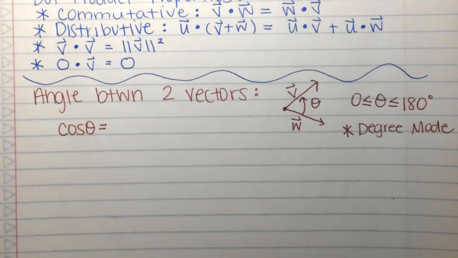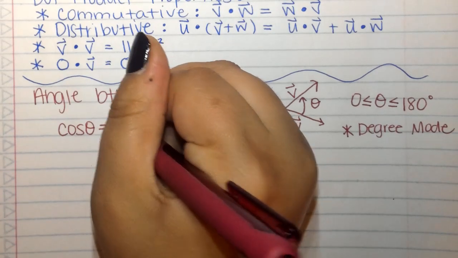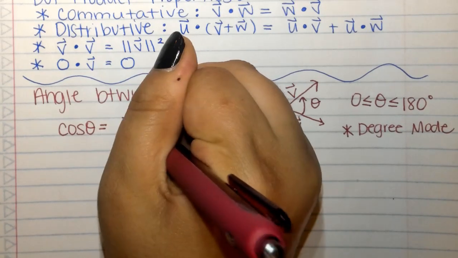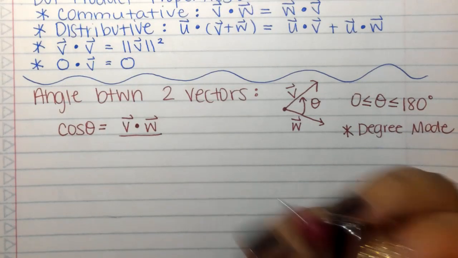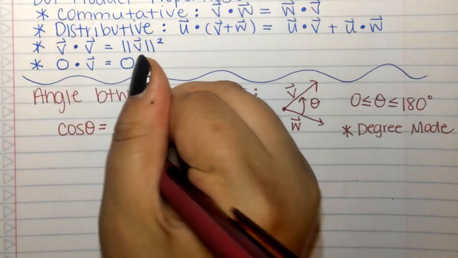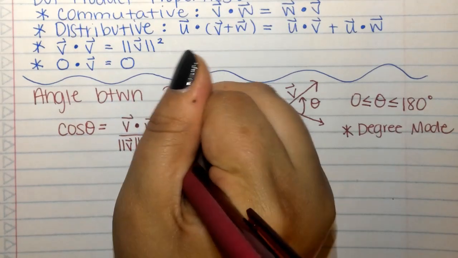And the formula you're going to use to find theta is the cosine of theta is the dot product of vector v dot vector w over their magnitudes.